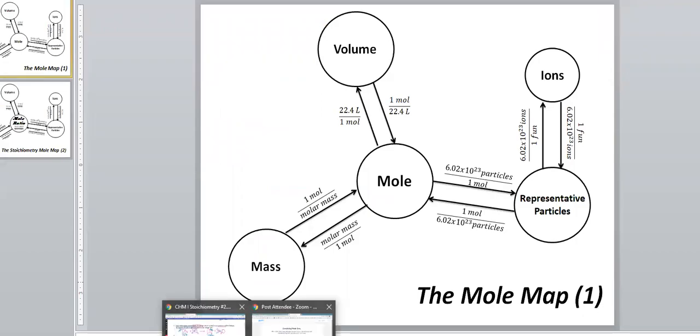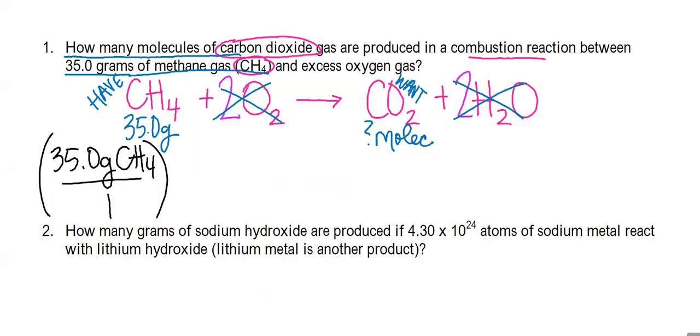On our problem, I think I did this in the notes. Sometimes it's helpful. Back when we did chapter 10, we would also figure out our starting points and our ending points in relationship to the mole map. Okay. Remember, the start is the unit on the number.